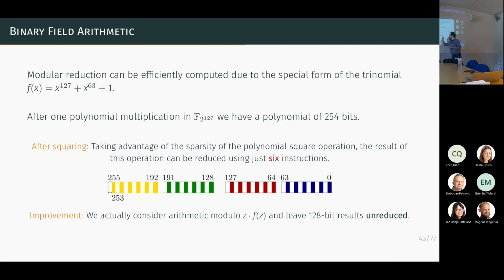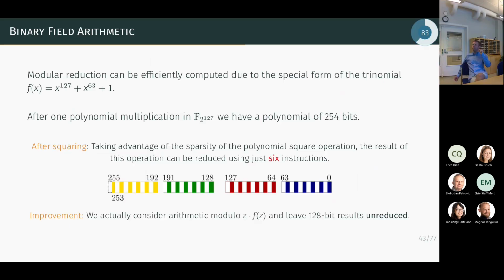We should actually reduce times x times f. There shouldn't be z there. X times f, and then leave results unreduced with just 128 bits. We reduce them at the very, very end. So this is a redundant representation we introduced, because reducing that single bit is expensive and doesn't give you anything back, right? You can always leave it unreduced at the top.